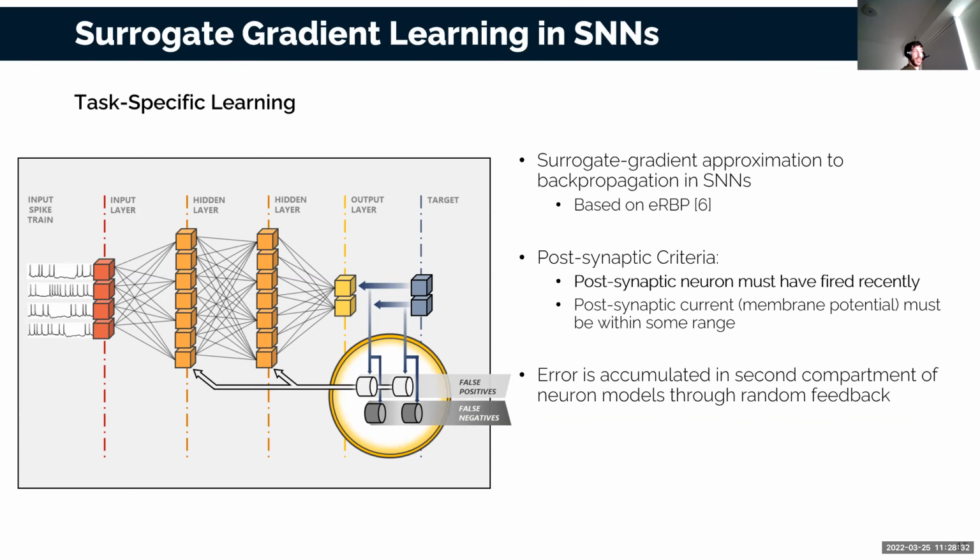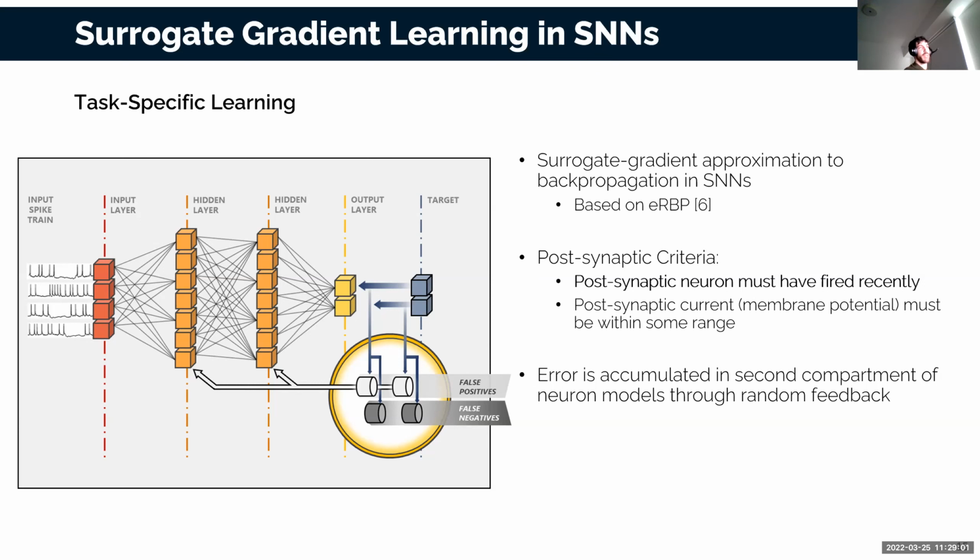The first is that synapses are not bidirectional transposes of their forward weights. So we have a different, random set of weights that are feeding error information back to the network. And the second is that a spike, going from 0 to 1, is a non-differentiable function. So we need some surrogate to approximate that gradient.